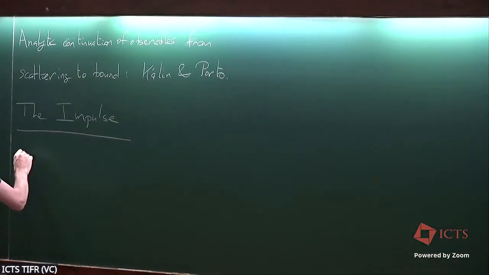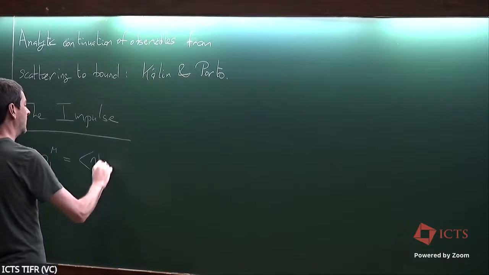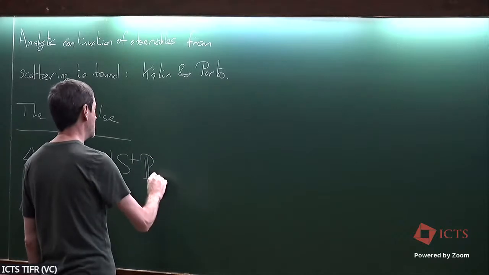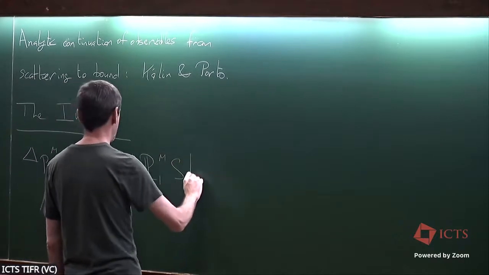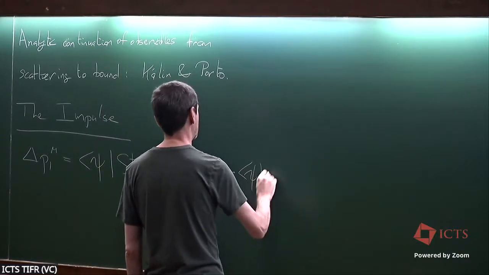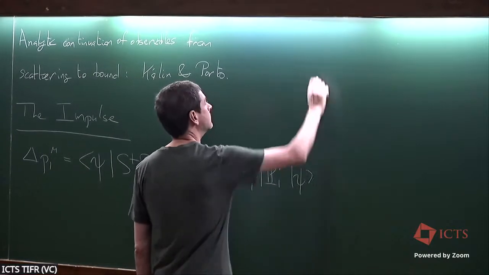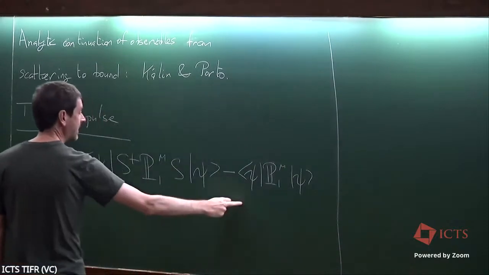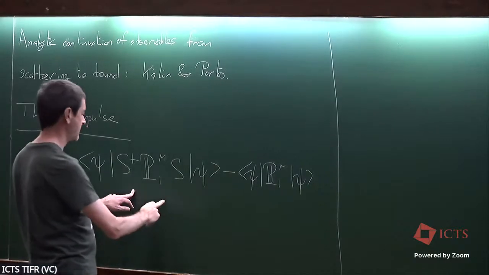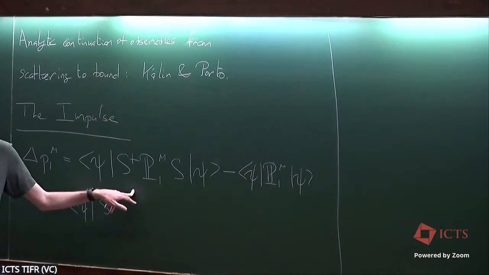Okay, so the impulse is going to be defined by delta P1 mu as the expectation value on this state psi, the future state, of the momentum operator P1 mu, minus the initial value. So I could then rewrite this as the expectation value of S dagger. In here, I could insert S dagger S. S dagger S is 1 because the S matrix is unitary.